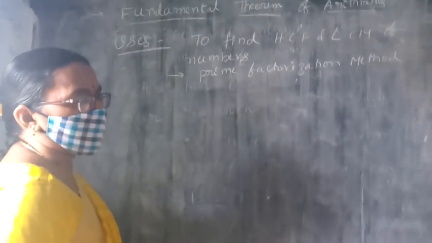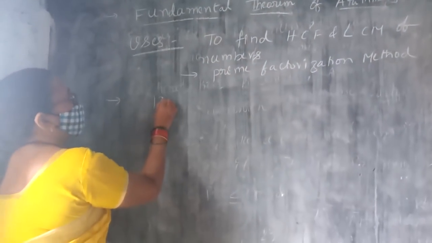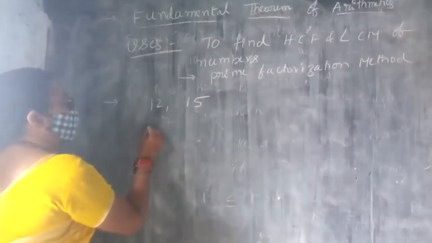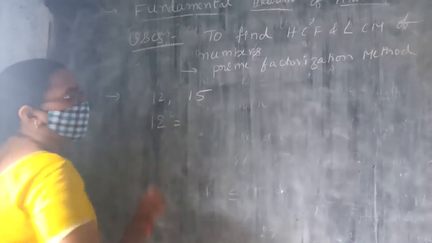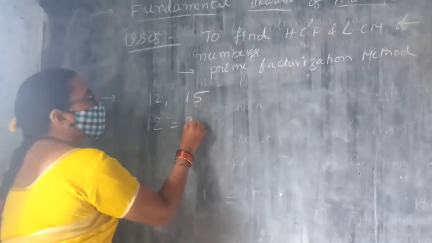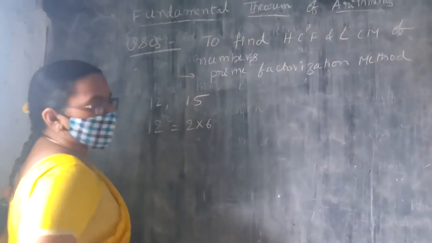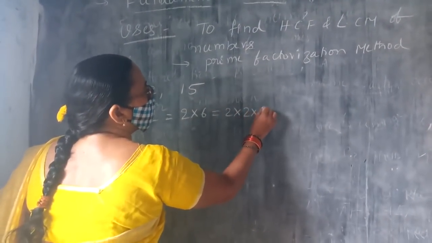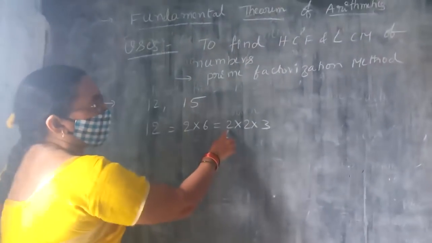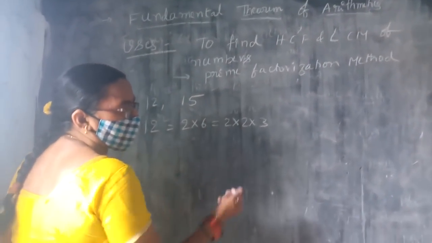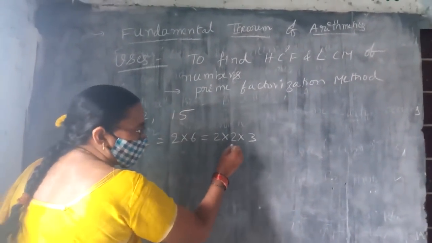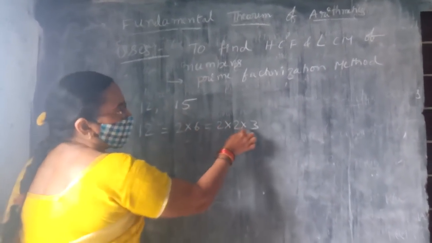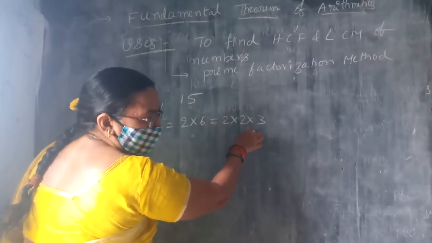Tell me two numbers: 12, 15. 12 we can write as 2 into 6, and 6 we can write as 2 into 3. Here the factor 2 comes 2 times, both equal, so p1 equals p2 and p2 is less than p3.